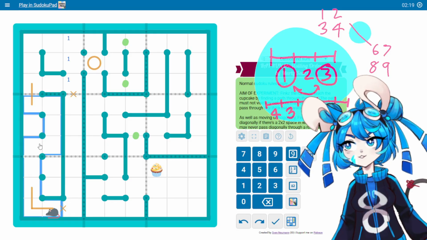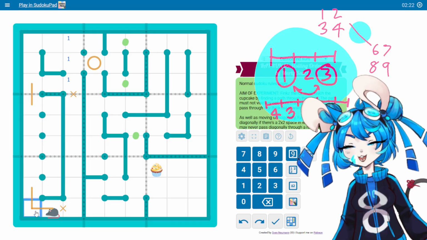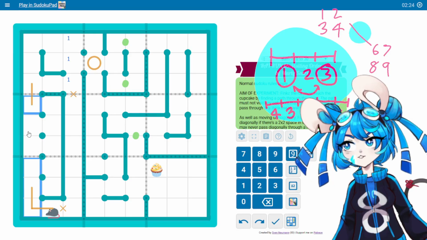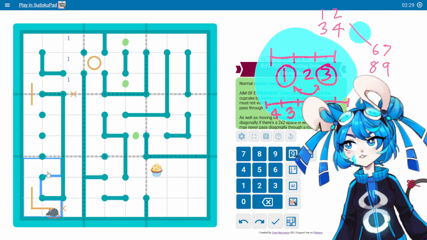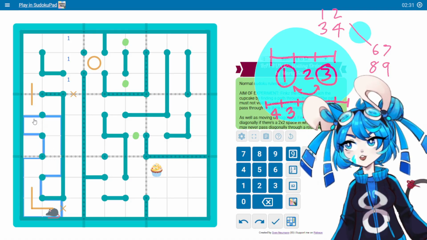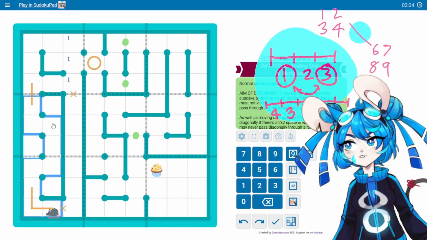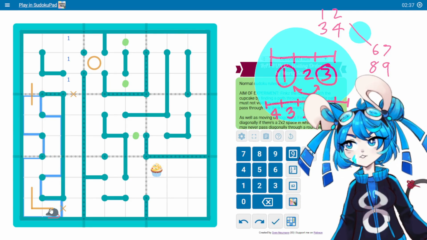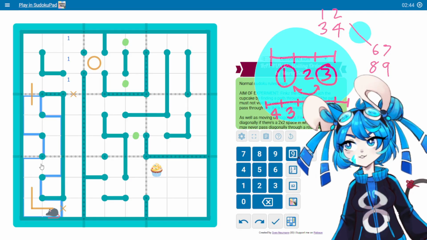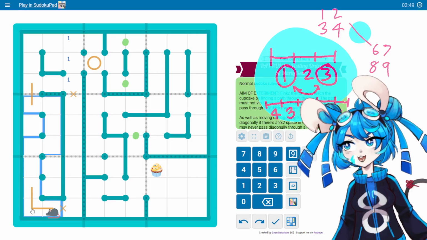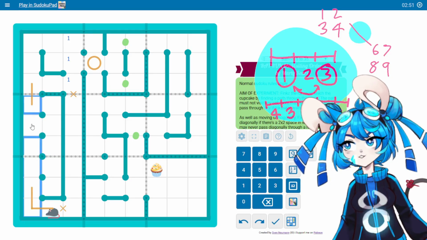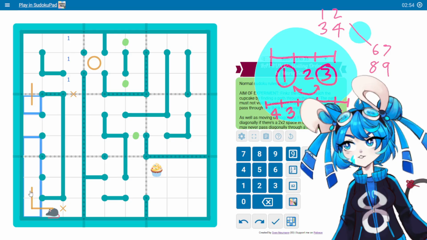Let me think. So if we look at the columns, we're going to have at least 9 digits total. And that means we have to at least include a 5, which I guess a path like this would do. If it goes like this, no, it can't go like that because then there's too many digits in this column. 1, 2, 3, 4.